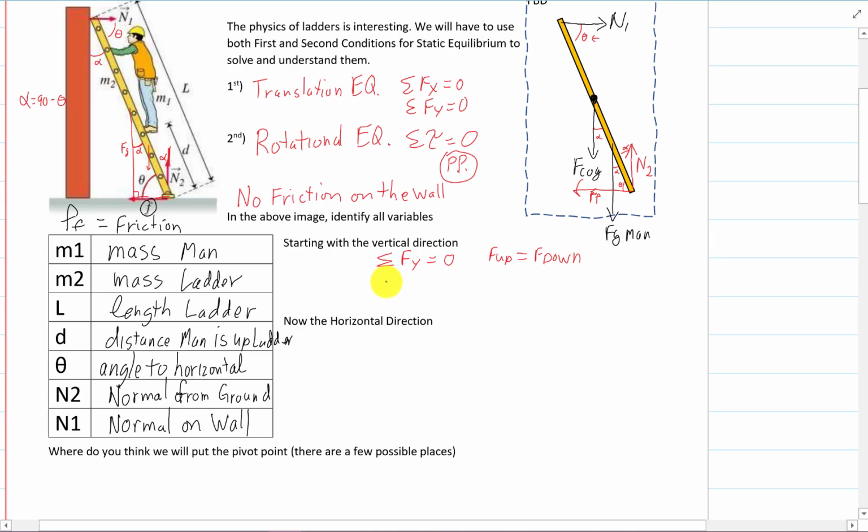So the forces up are N2, and the forces down is the force of gravity of M1 and the force of gravity of M2, the ladder and the man.